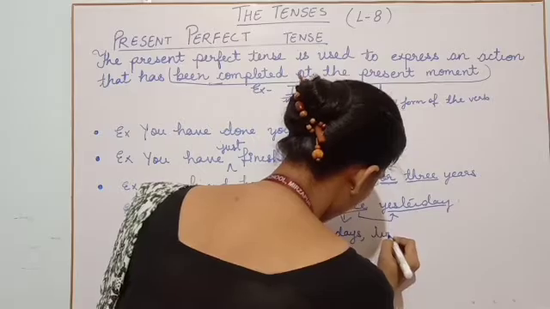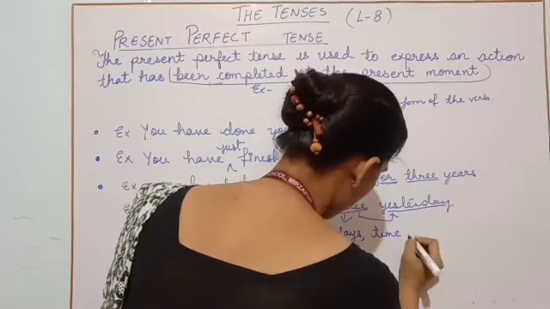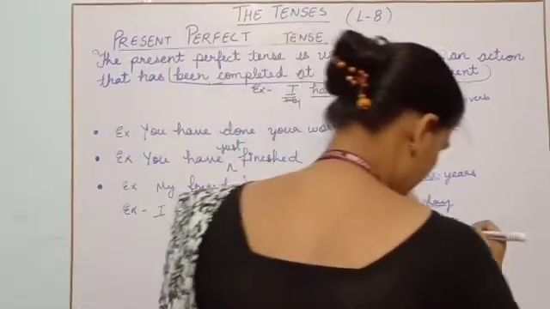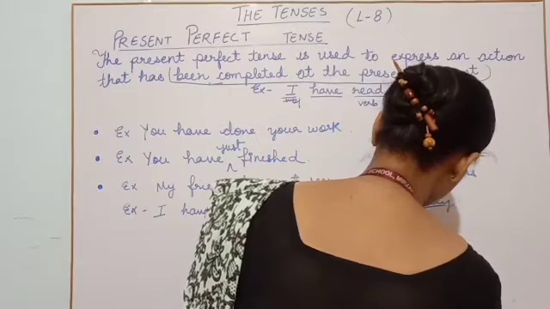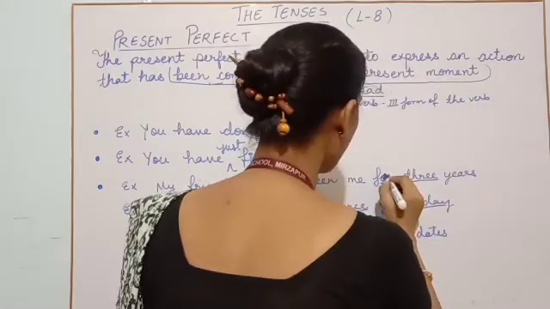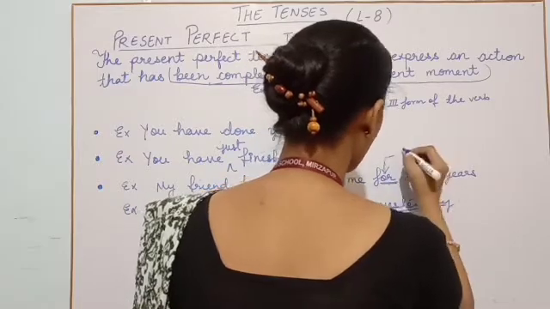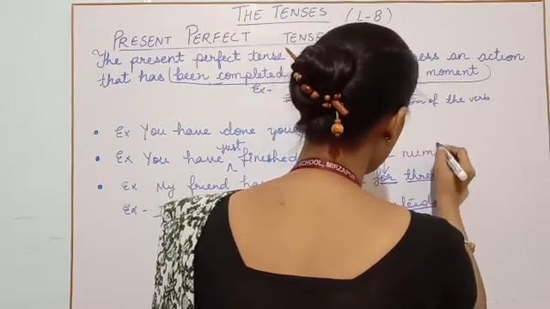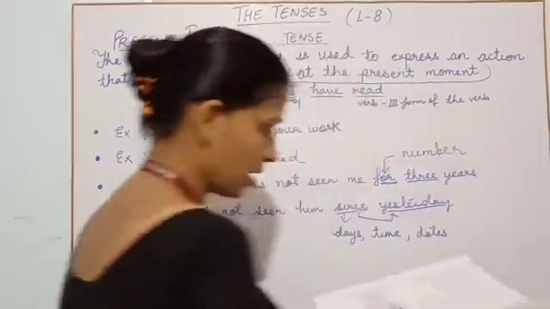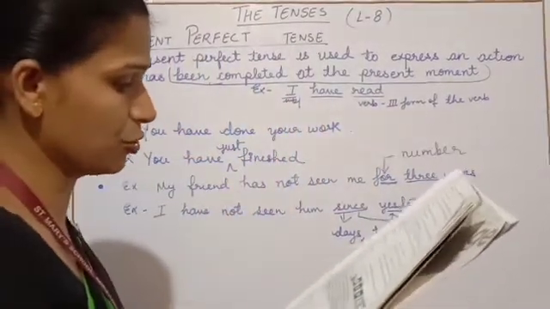So here you can see that since indicates days, your time and your dates. But for indicates only your number. I think these things are clear to you.